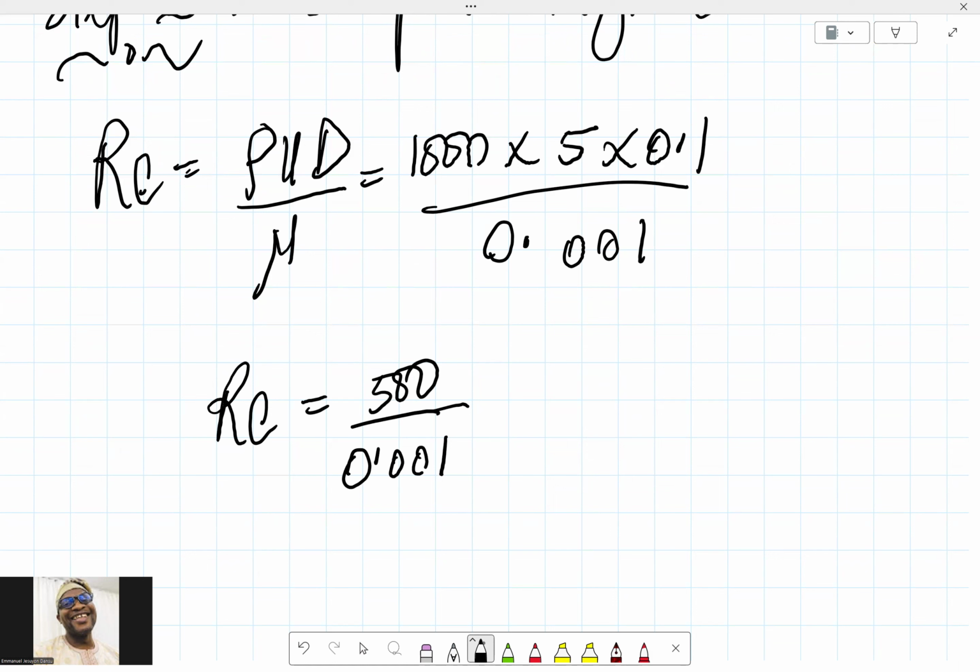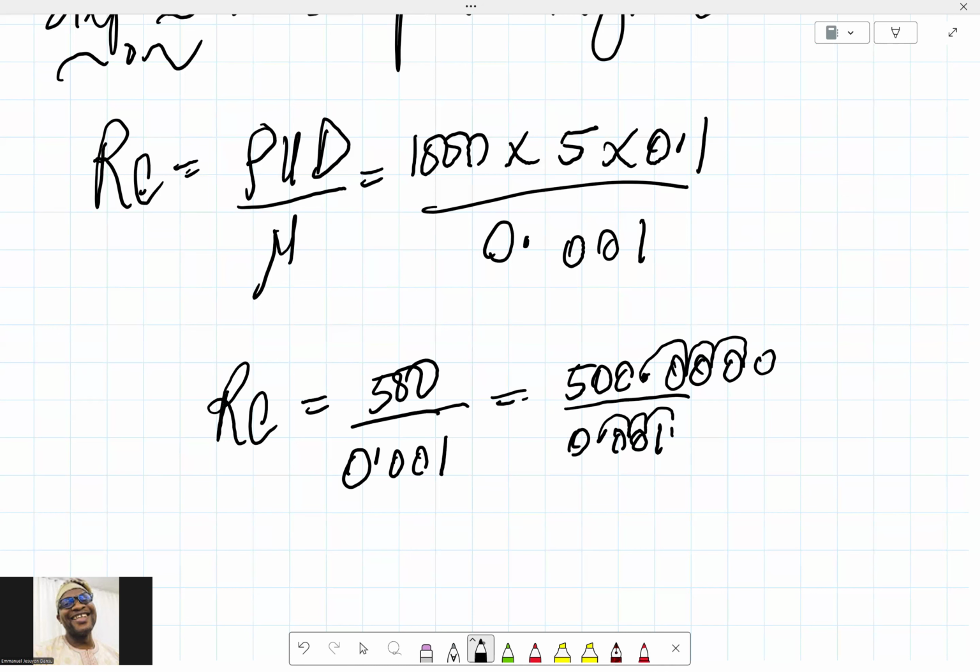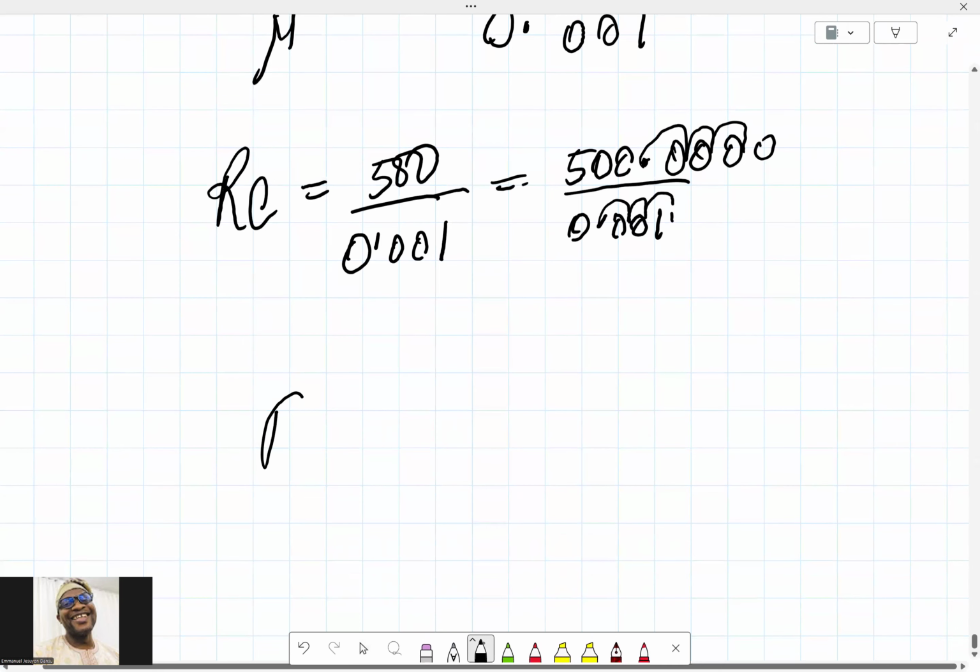So we can move 3 steps: 1, 2, 3. It means that we have the Reynolds number to be 500,000.